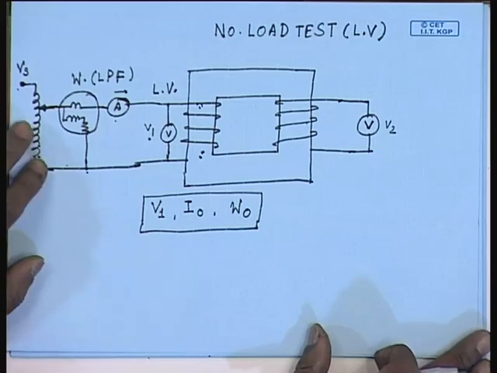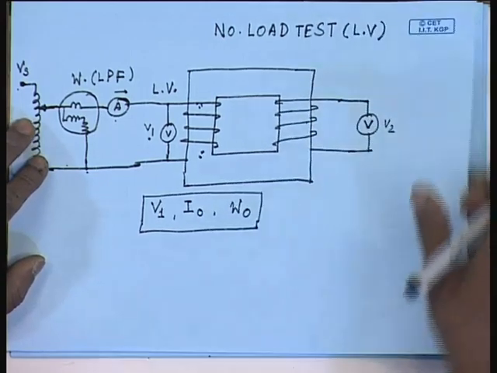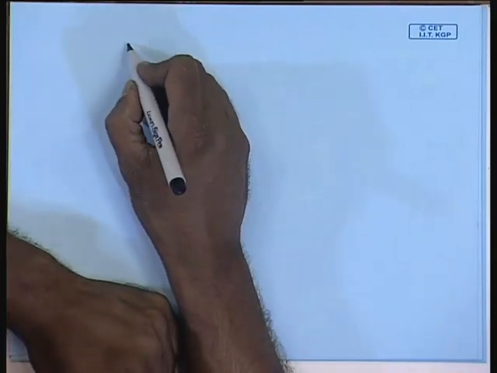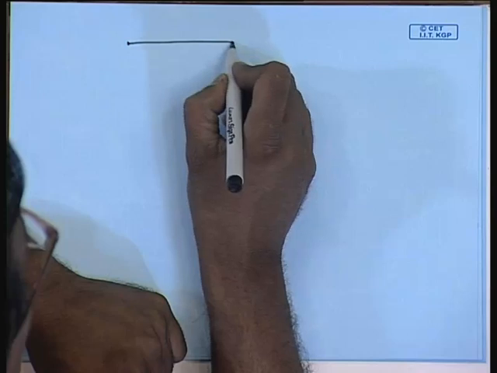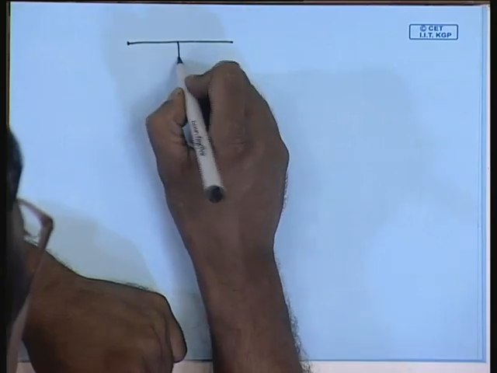Now, let us see how we use the no load test data to find out the shunt branch parameters. At no load, the approximate equivalent circuit of the transformer looks like this.